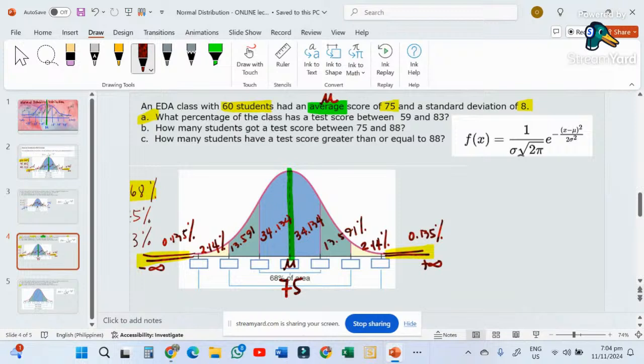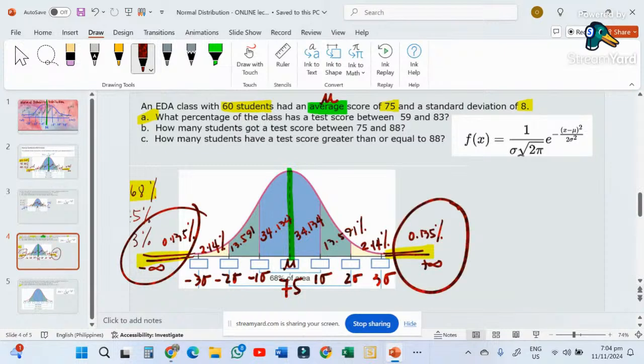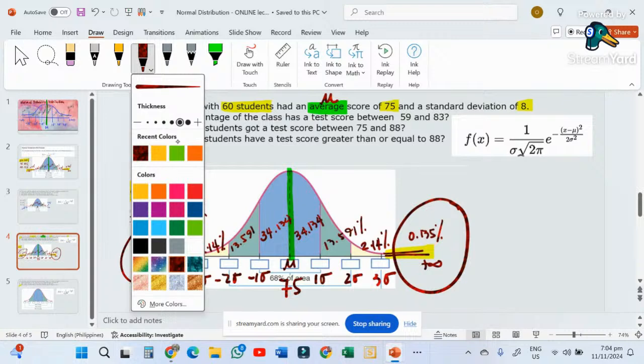And because there is a standard deviation of 8, for every slot from 1 sigma to 2 sigma to 3 sigma, and negative 1 sigma, negative 2 sigma, negative 3 sigma, except the 0.135% area and the one at the left towards the infinity, all the distances between sigmas will be 8. So what does it mean? From 75 to 1 sigma, then that must give us, I want a yellow one.